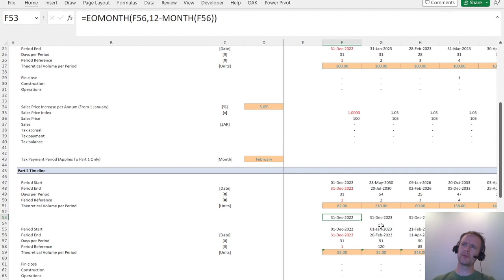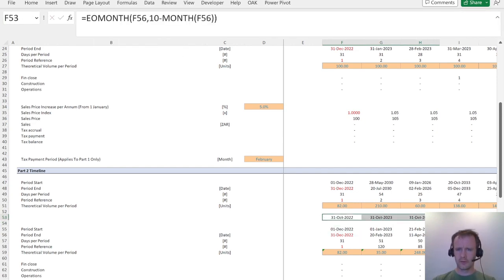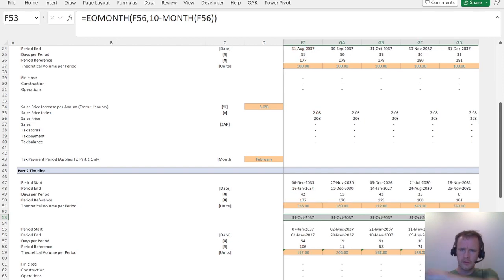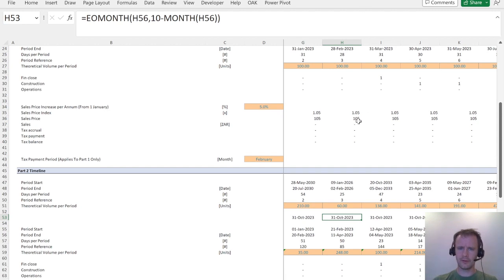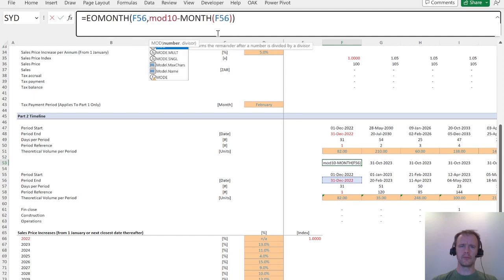That's not quite what I want though. If I did 10 minus a month of that. Is that how I want it to be? No, I don't think it is, because now it's going to the previous October here. So I guess what I want is mod this 12, maybe? As you can see, I'm experimenting.